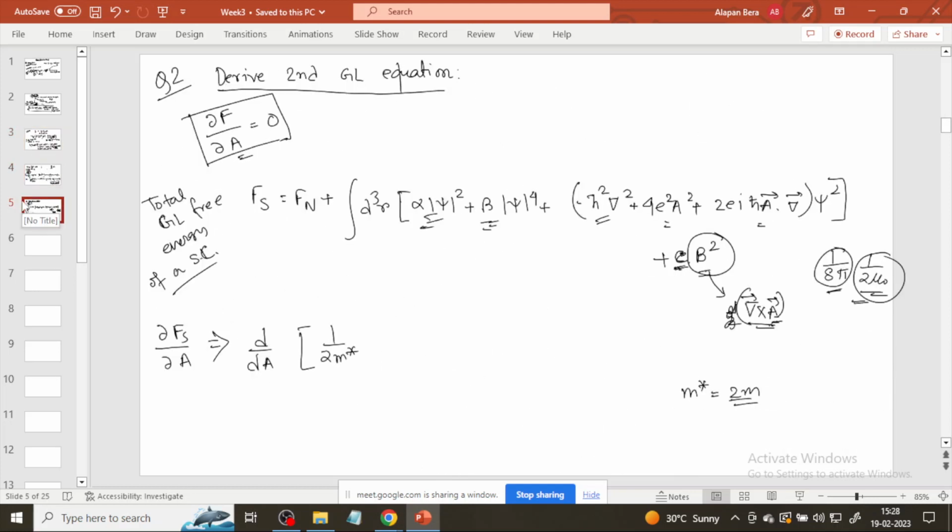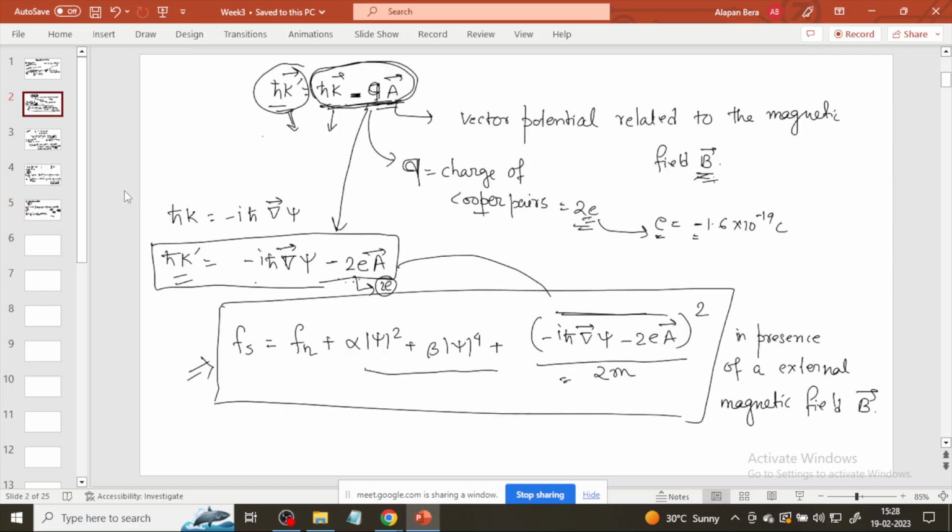So whatever, let's write it in this form. We are taking the derivative with respect to this vector potential A. Without breaking this term, let's write it like this. So this implies that this is equal to 0. We have not simplified this term, we have kept it in its original form.